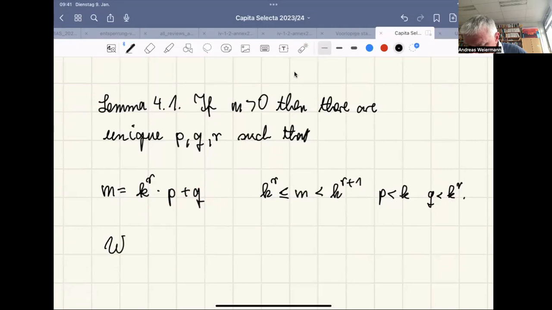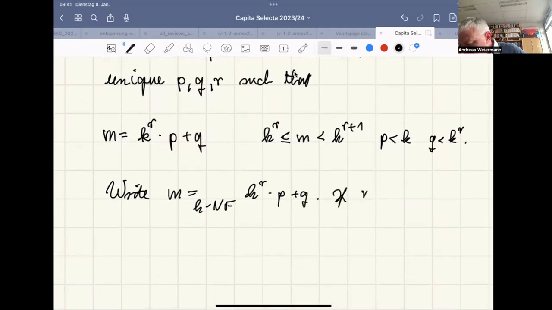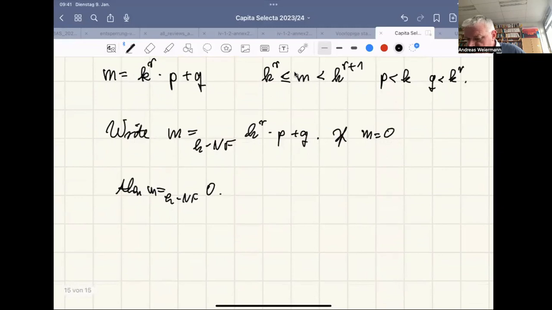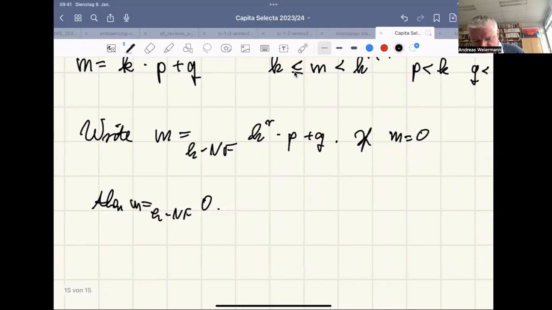We write m in k normal form equal to k to the r times p plus q. And if m was 0, then m is also in k normal form equal to 0. So every natural number gets a unique representation.